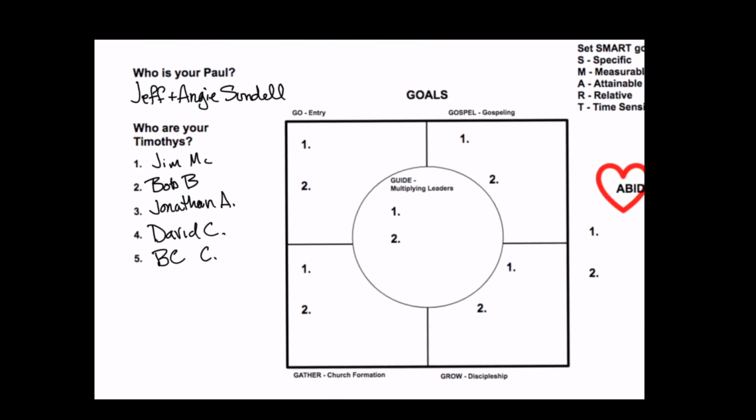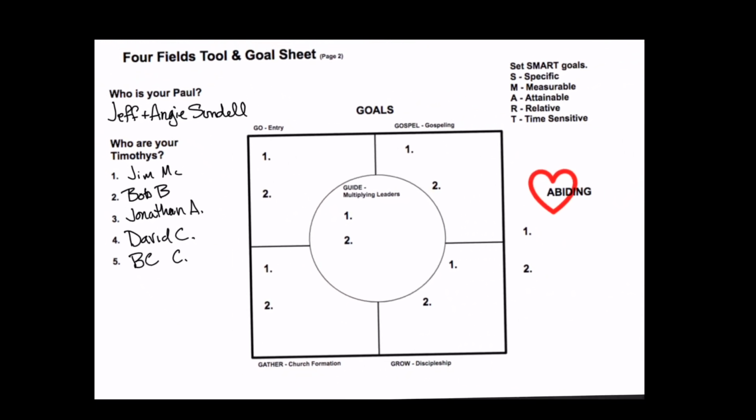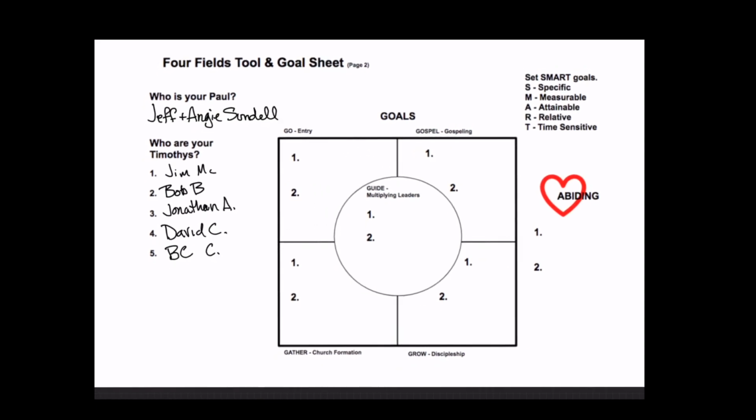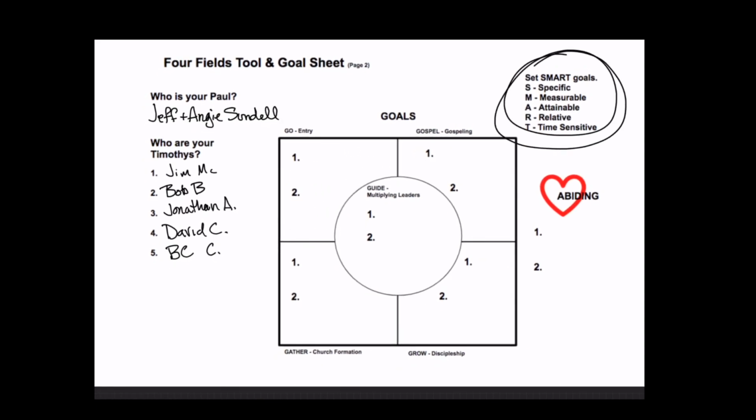All right, on our goals, we're going to make sure that they're SMART goals. They're specific, measurable, attainable, relative, and then time sensitive. So let's put in goals for each thing. Now, obviously, these goals are your goals.